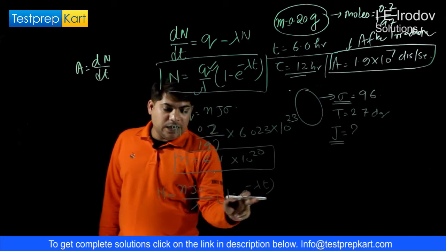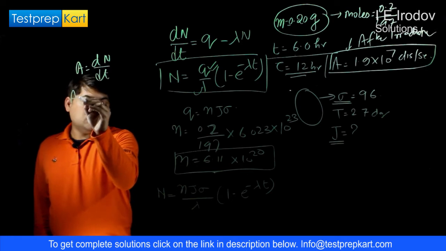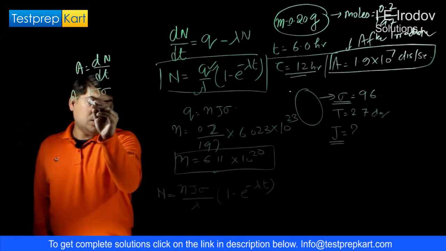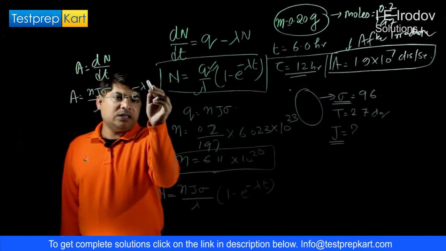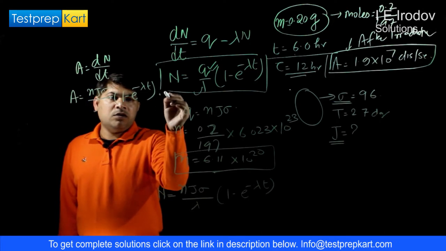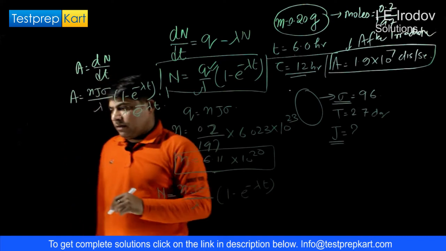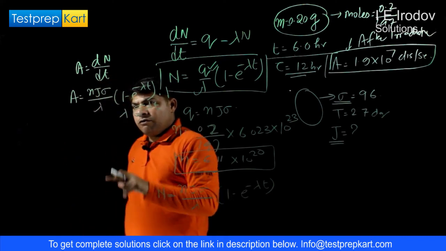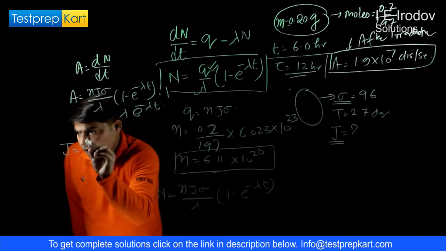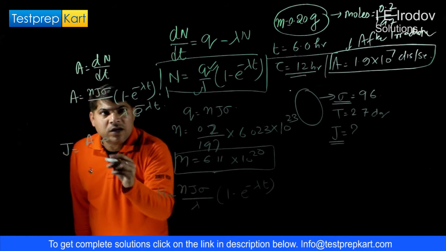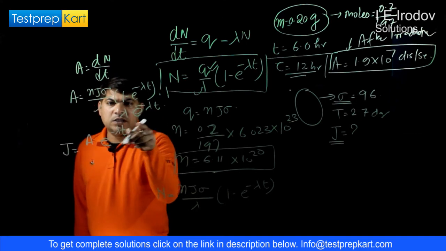If we differentiate this expression, we get A equals n j sigma over lambda times (1 minus e to the power minus lambda t) times lambda times e to the power minus lambda tau.